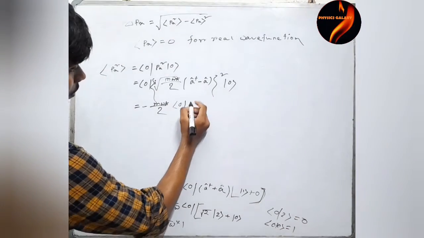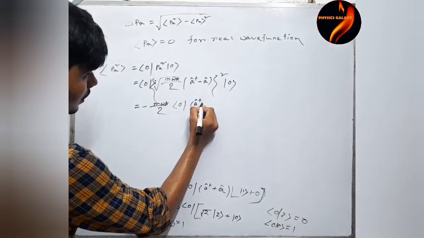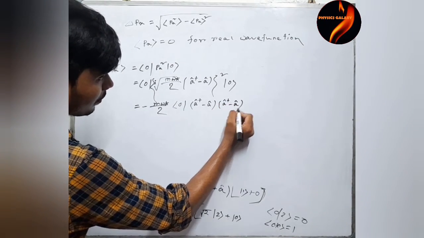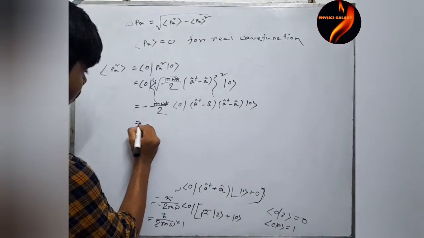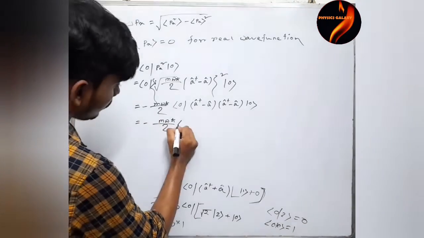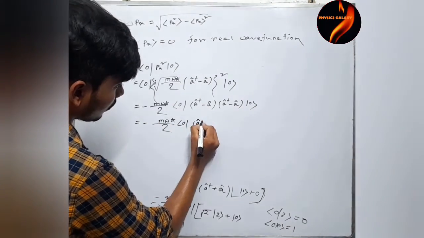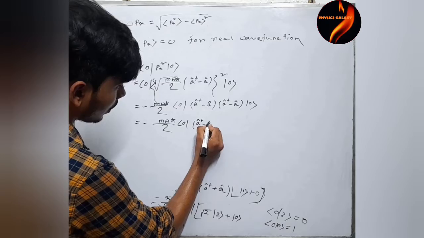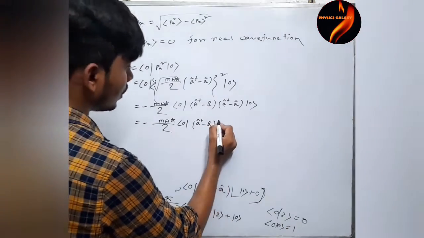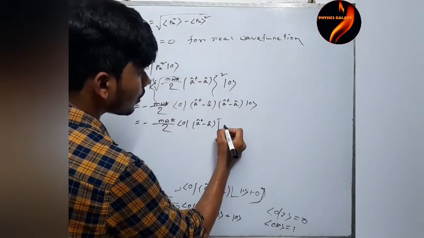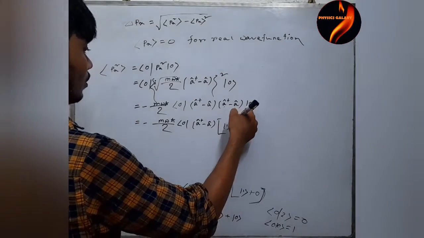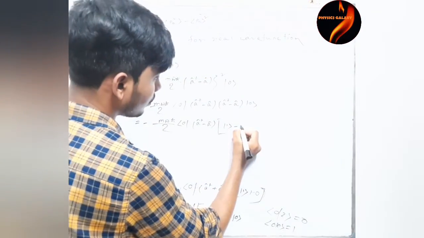So it is basically the bra of 0, a dagger minus a, into a dagger minus a, ket of 0. And if it operates with the ground state, then it will give 1, and if this lowering operator operates with the ground state, then it will give the 0 result.